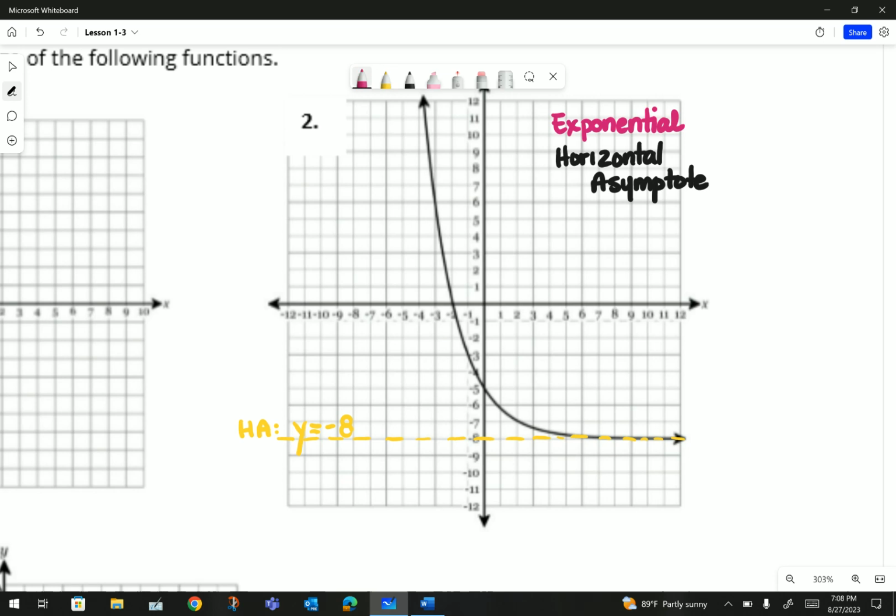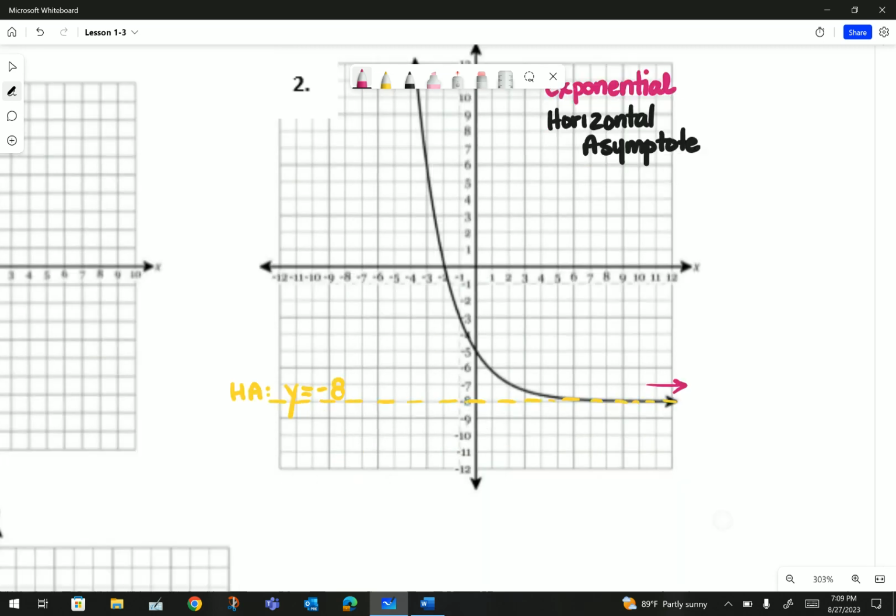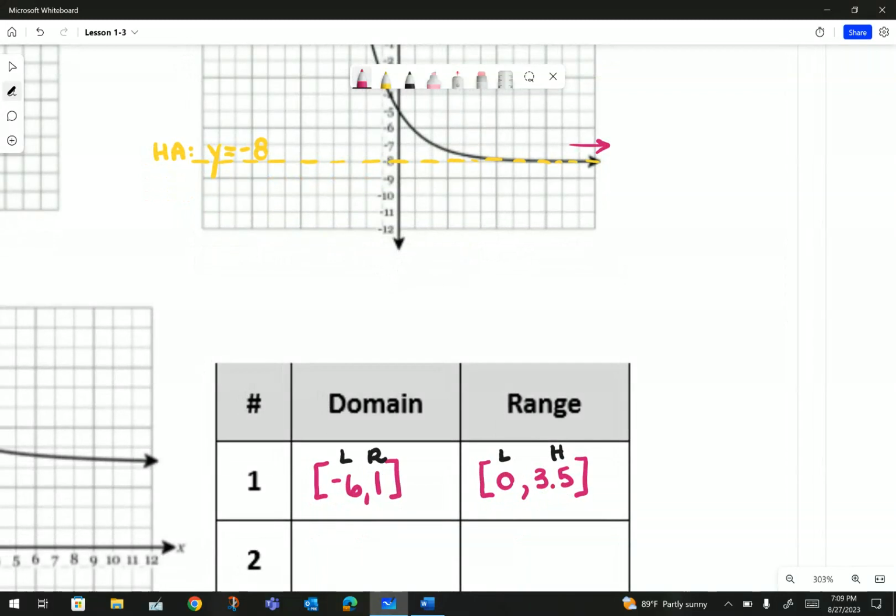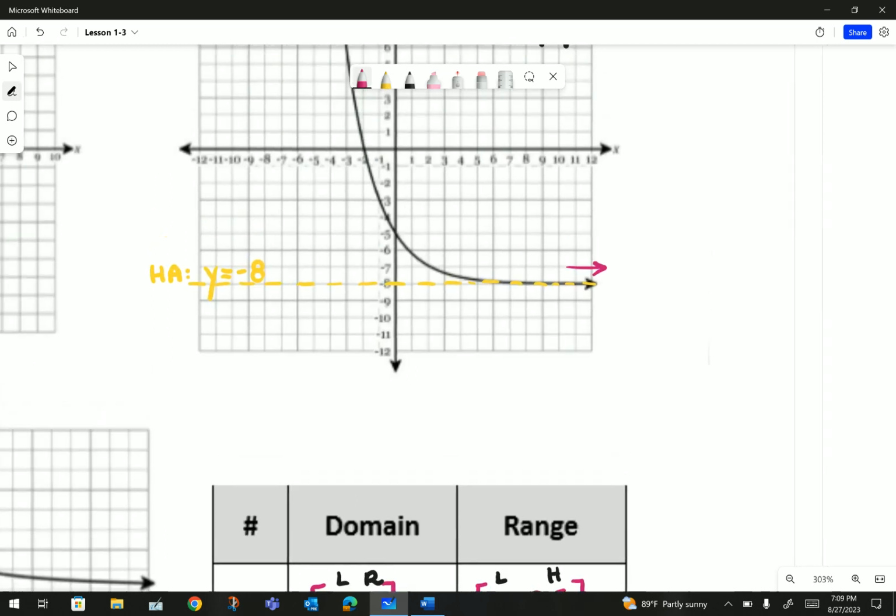Well, it looks like this graph is going left forever. And as far as right is concerned, it's also going right forever. So that's going to be negative to positive infinity, or you can write all real numbers if you prefer.